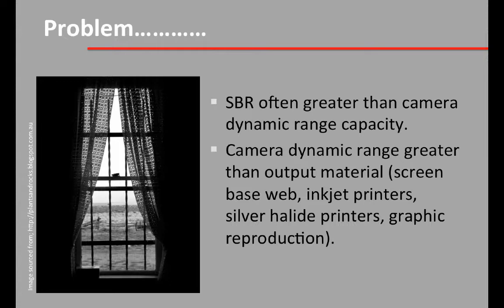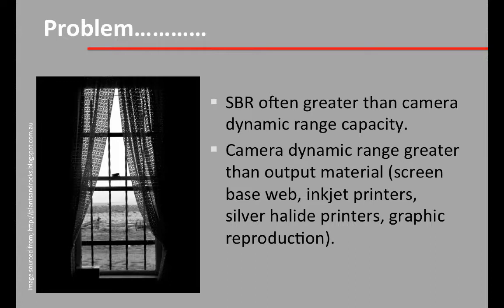In this case, the detail's lost on the interior, and the exposure is recorded for the outdoor luminance brightness, so luminance value. So you have to place your exposure somewhere that's aesthetically pleasing and doing what you want. But unfortunately, we can't get both the inside and the outside to record because of the lack of dynamic range. The subject brightness range is exceeding the dynamic range of the camera.